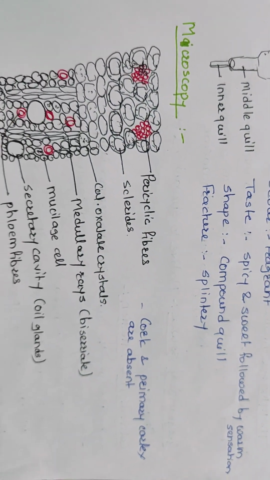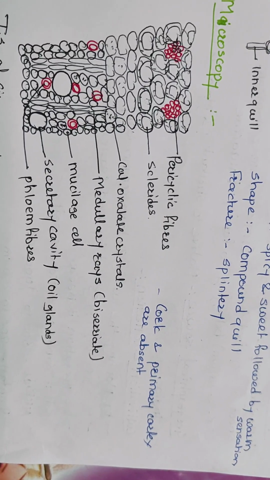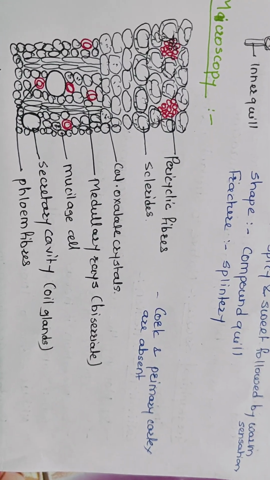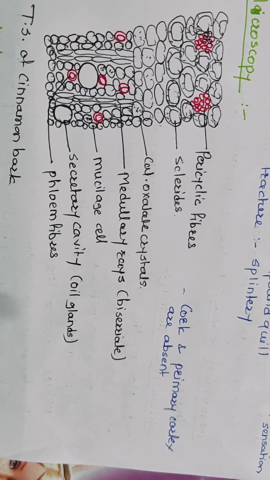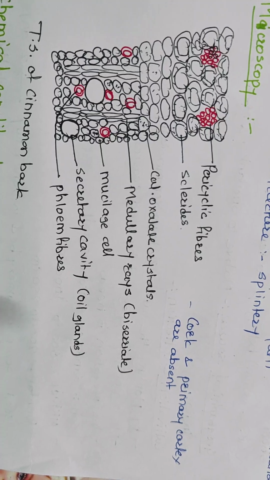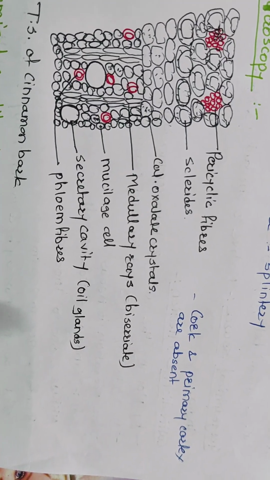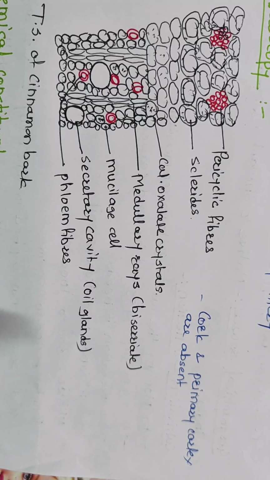Then next are the microscopic features of this drug. Due to the fermentation process, cork and cortex get loosened. The first layer in the transverse section is pericyclic fibers, which are lignified in nature, then sclerids. After that, calcium oxalate crystals are also present.